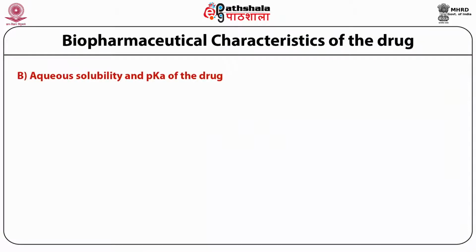Aqueous solubility and the pKa of the drug. Drugs with very low aqueous solubility, that is less than 0.01 milligrams per milliliter, are not suitable for controlled drug delivery system. The lower limit of solubility is 0.1 milligrams per ml for formulating a drug into a controlled drug delivery system. Slightly soluble drugs are also poor options for diffusion control system, since the driving force is the drug's concentration in solution.